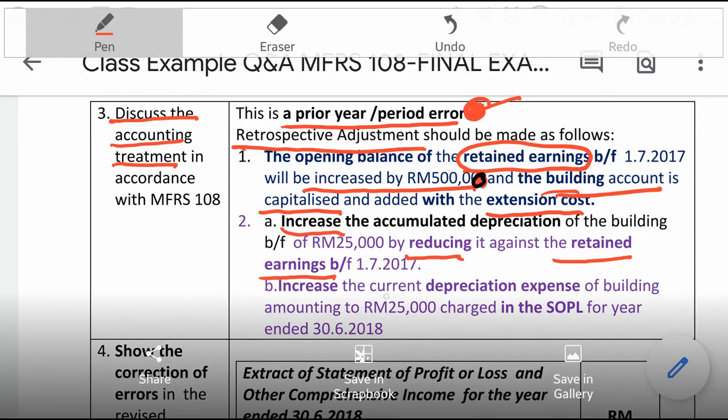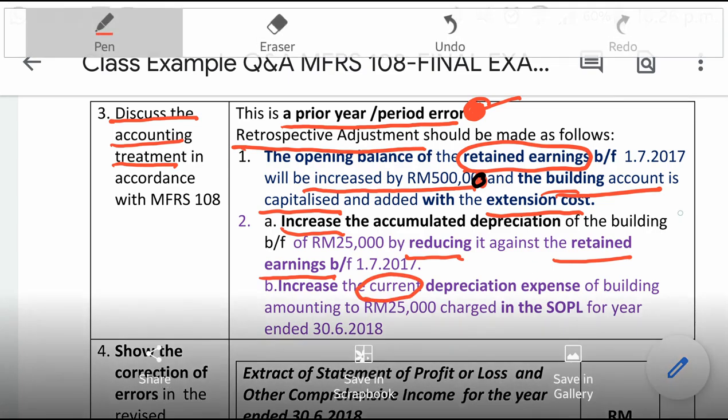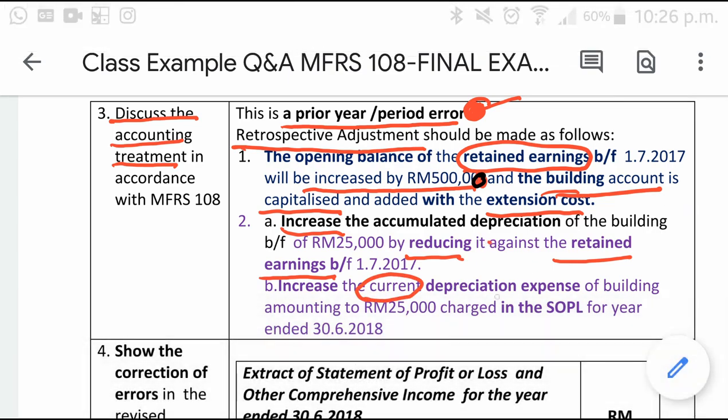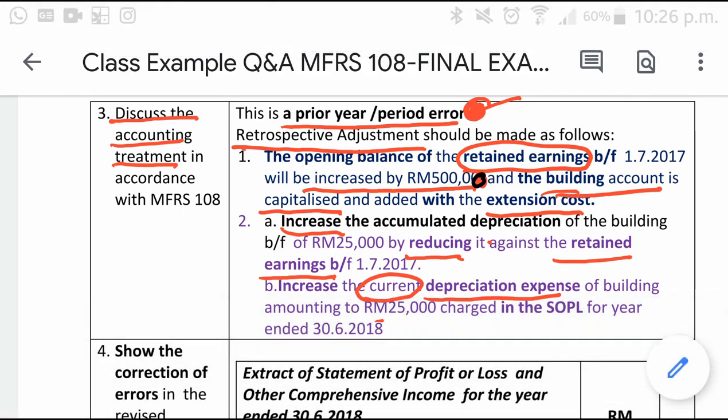At the same time, you also need to adjust what happened in the current year. This one is in the prior year, and that one is in the current year. Increase the current year depreciation by adding more to the expenses and crediting the accumulated depreciation by another 25,000.